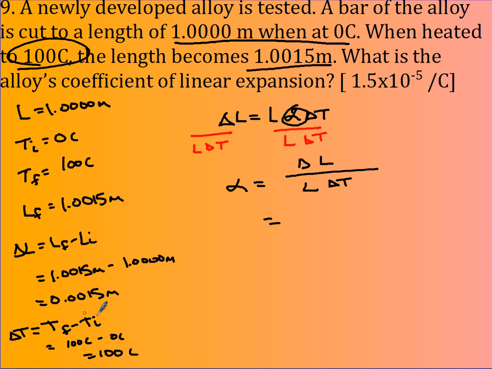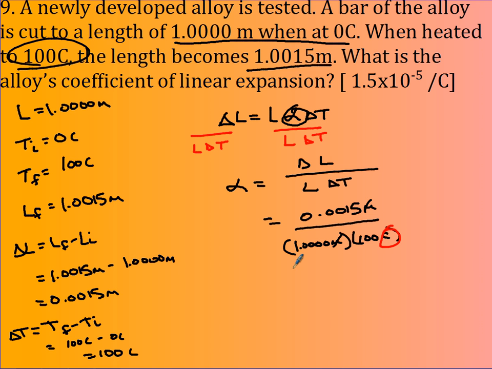So the change in length is 0.0015 meters. The original length is 1.0000 meters. And delta T is 100 Celsius. Meters cancel. What units am I left with? Per Celsius.